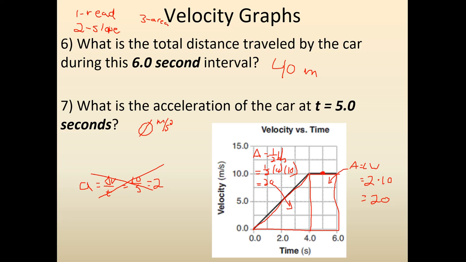The velocity goes from 10 right before 5 seconds to 10. So the change in velocity is 0, hence why the acceleration is 0. So there are all these really weird things that you have to be aware of in order to actually use the equations, and because of that, 90% of the time you're going to get it wrong. That's why I say do not ever use an equation on a graph, at least not a motion graph. You either read it, slope it, or area.